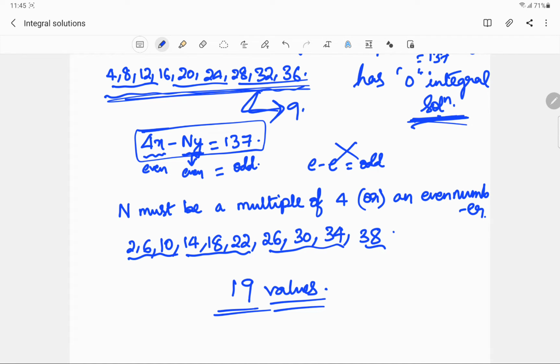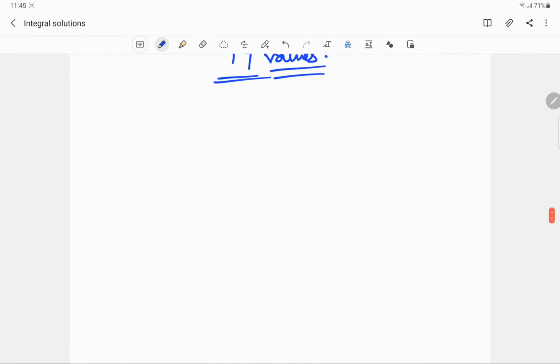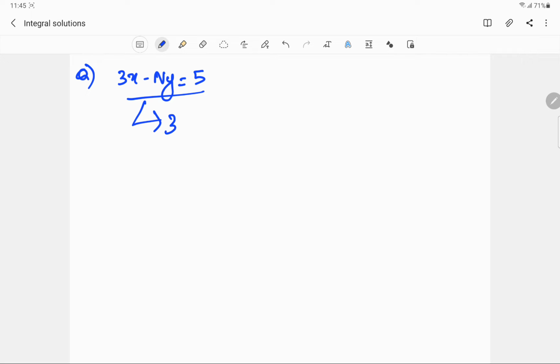Now let us look at another similar question. In this question, the equation given is 3x minus ny is equal to 5. It has zero integral solutions, and n belongs to natural numbers less than 20.